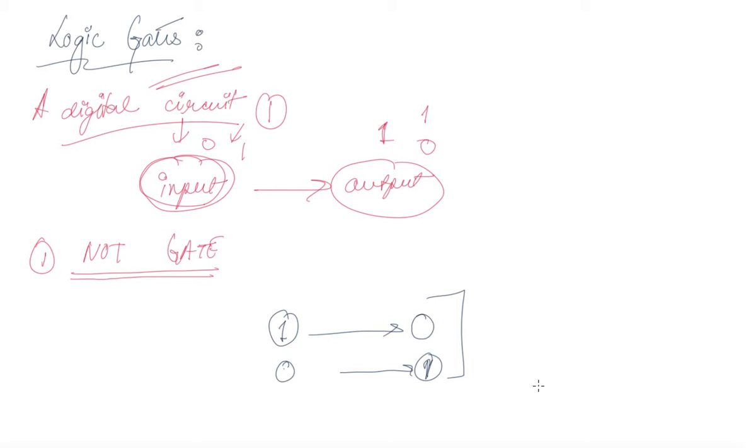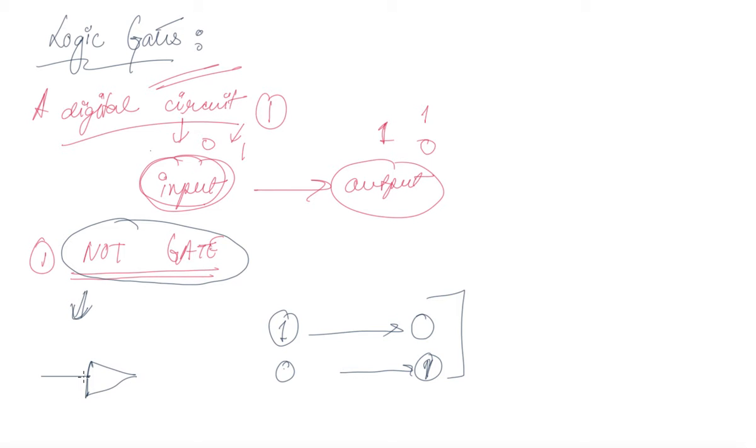Now, this produces an inverted version of the input at its output. Even though you know the digital circuit and its relevant logic, you still have to know the symbol, because sometimes the name won't be given, only the symbol.